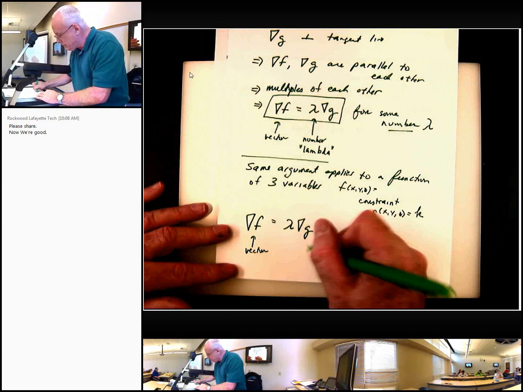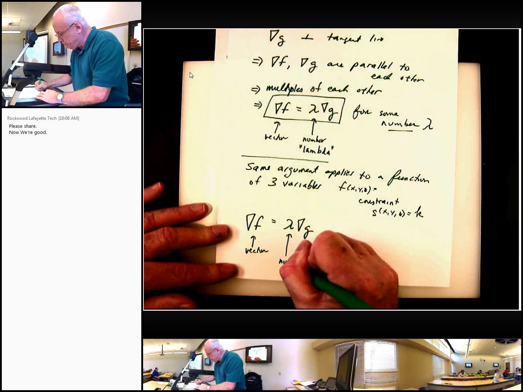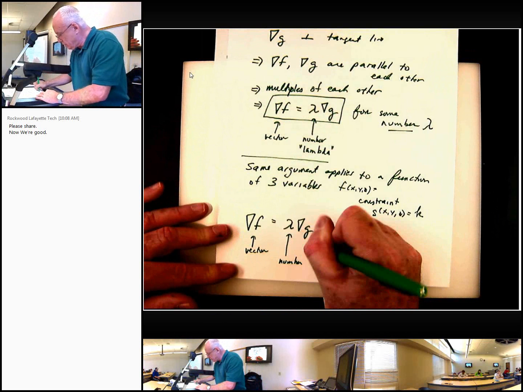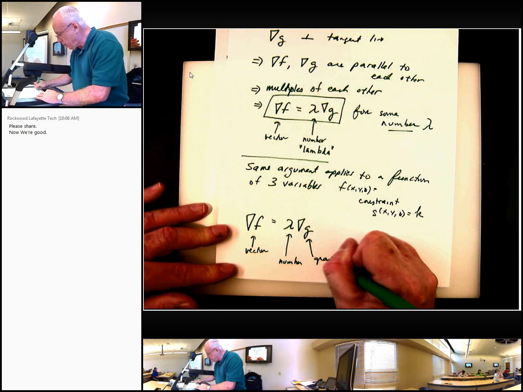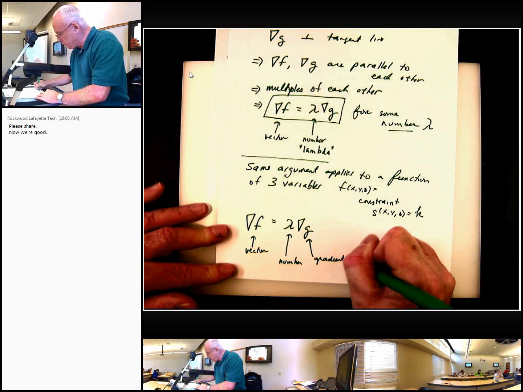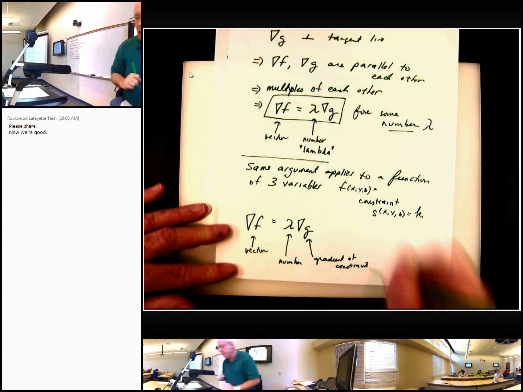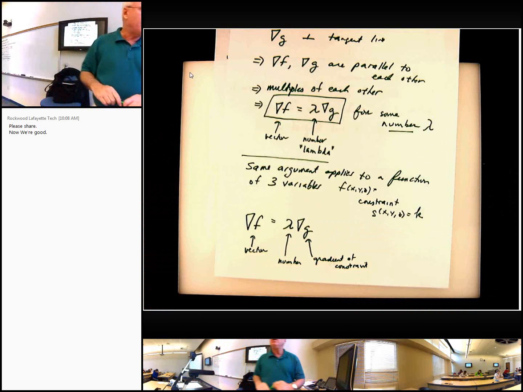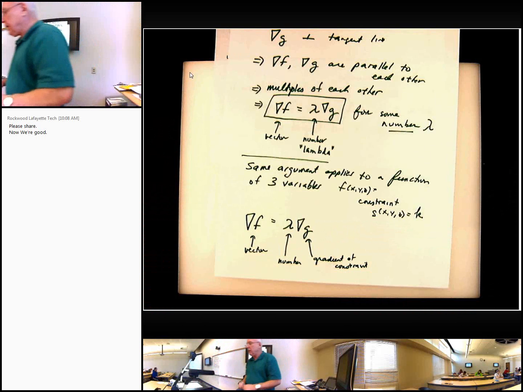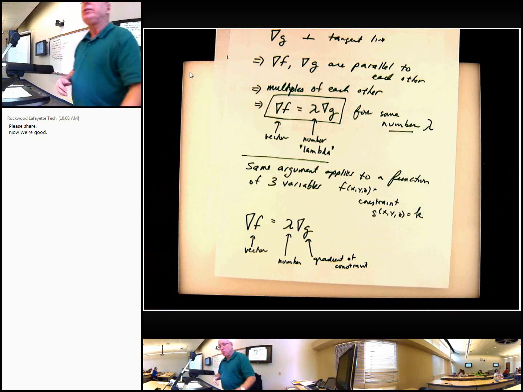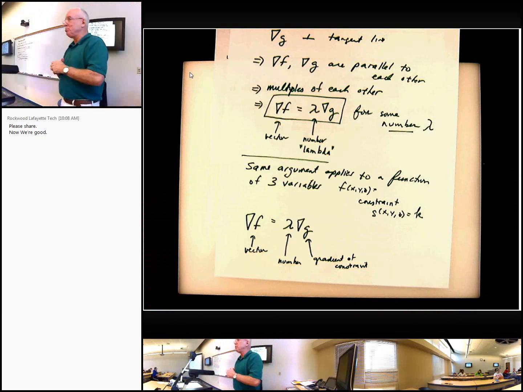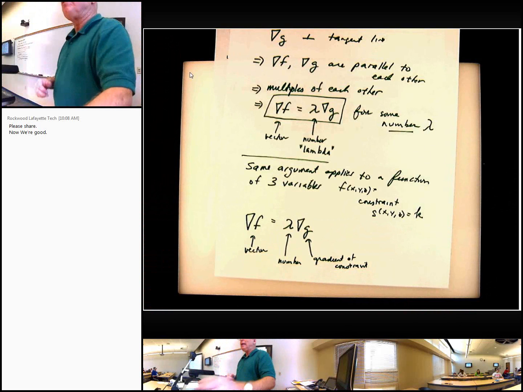Again, that's a number, and that's a gradient of the constraint. All right. So why don't we take a 5-minute break then, and then we're going to see how we can do all this with algebra instead of graphics.